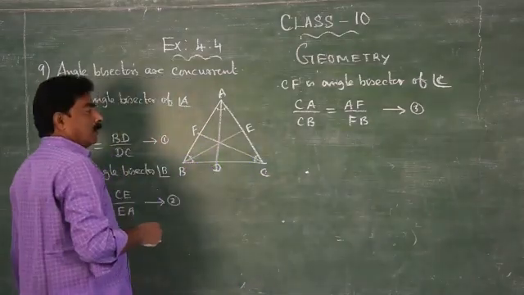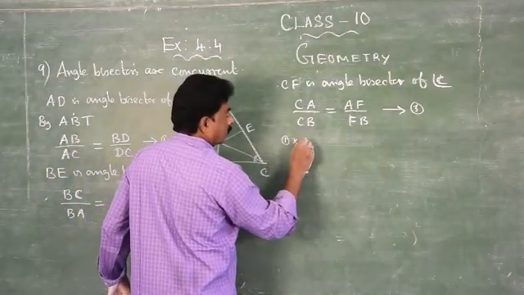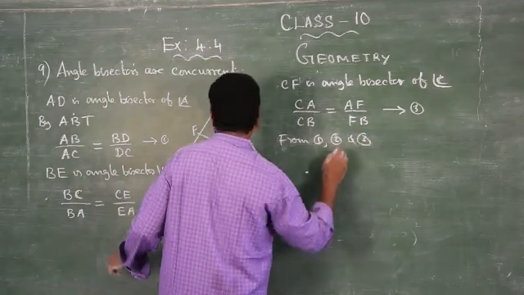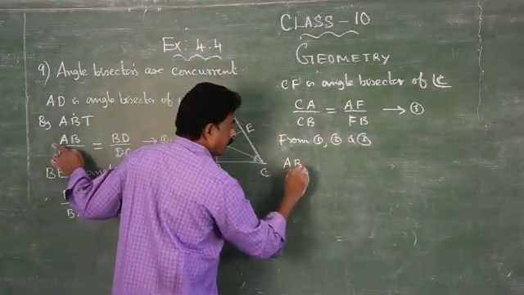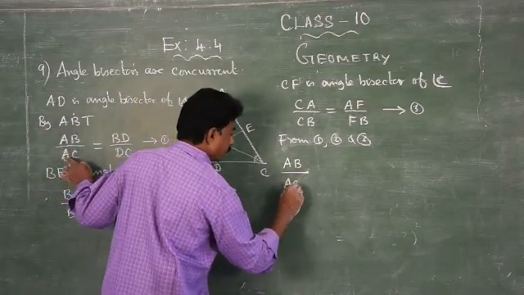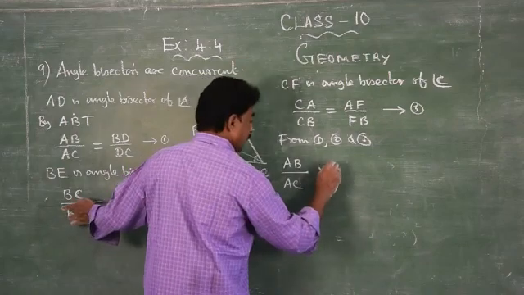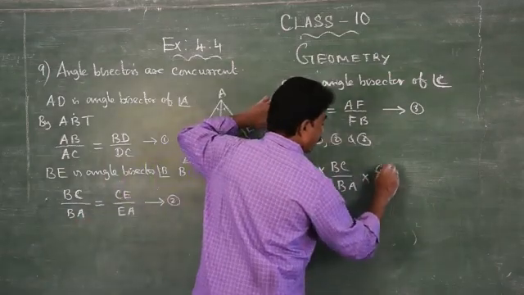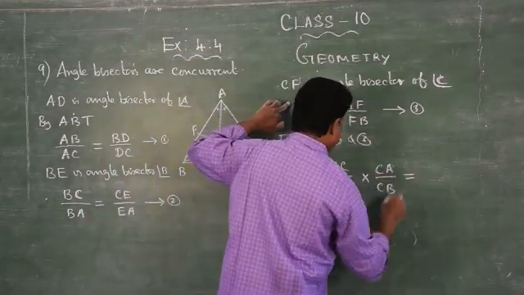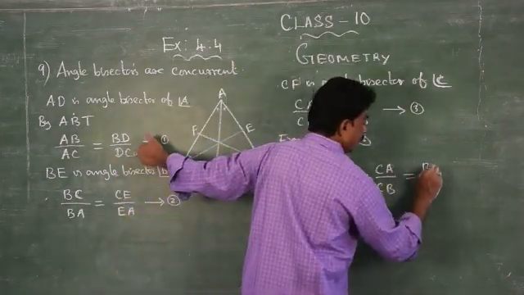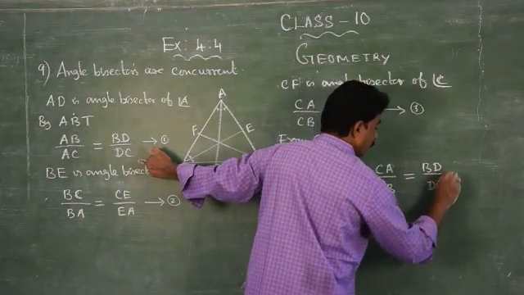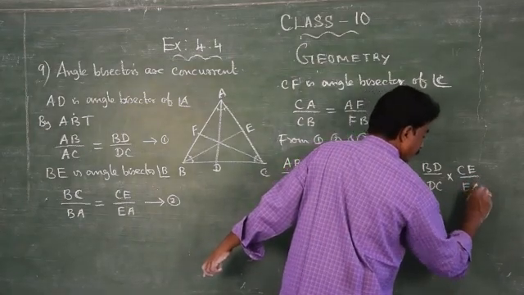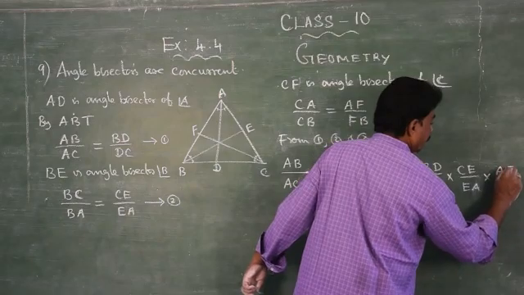When you multiply 1, 2 and 3, the left hand side is AB by AC into BC by BA into CA by CB, equal to the right hand side, which is BD by DC into CE by EA into AF by FB.